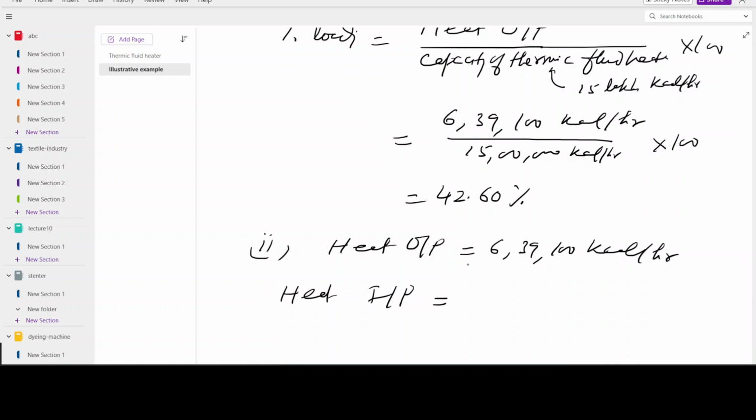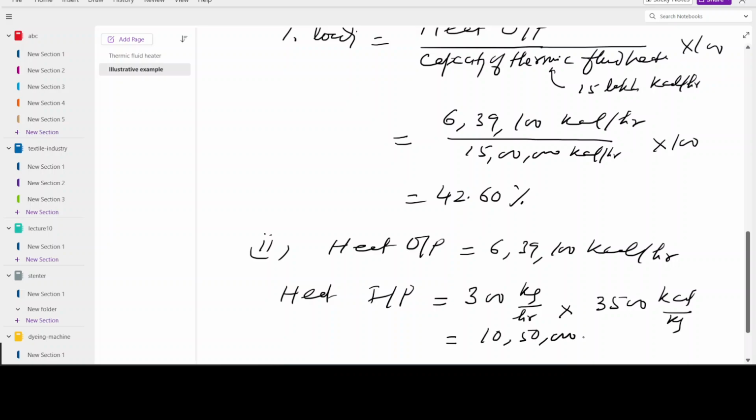Heat input is the fuel firing rate, that has been given as 300 kg per hour, and the gross calorific value of coal, that has been given as 3500 kilocalorie per kg. This comes out to be 10 lakh 50,000 kilocalorie per hour.